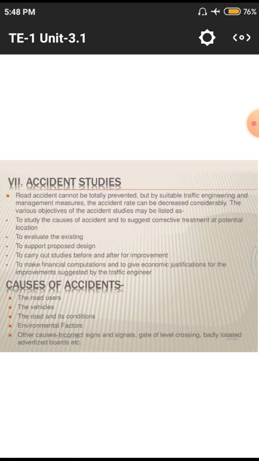Next one is the gate of level crossings. That means normally in our India there may be different kinds of roads. In some of the villages and other conditions we have to use these level crossings. That means there is a combination of roadway and railway at a particular position, or any other two definite ways.